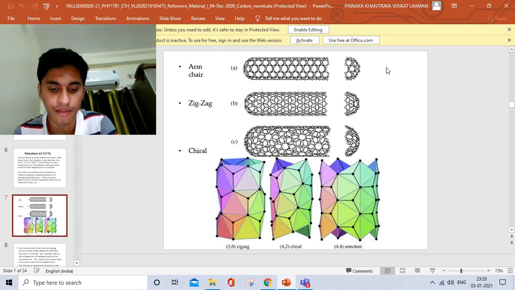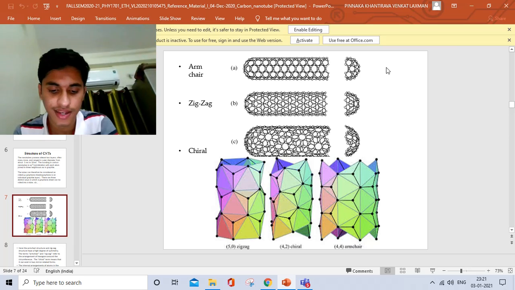The bonding in carbon nanotubes is sp2 hybridization, with each carbon atom joined to 3 neighbors as in graphite. So the tubes can be considered as rolled-up graphene sheets. Graphene is an individual graphite layer.